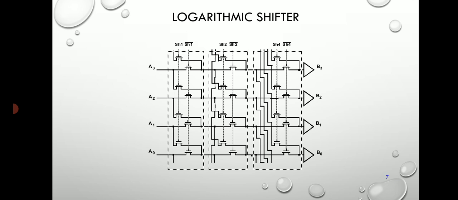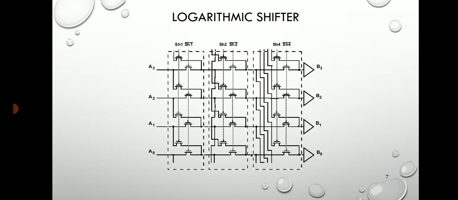Here also we can perform the operation to the left or to the right. This logarithmic shifter mainly contains n inputs, n outputs and m select lines, which we call control lines.